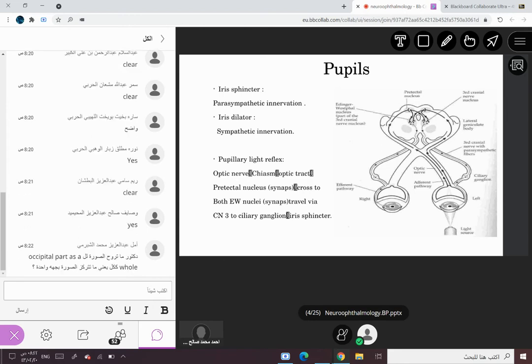Don't confuse between these things, because the corneal light reflex, you can do by a simple torch or any torch.